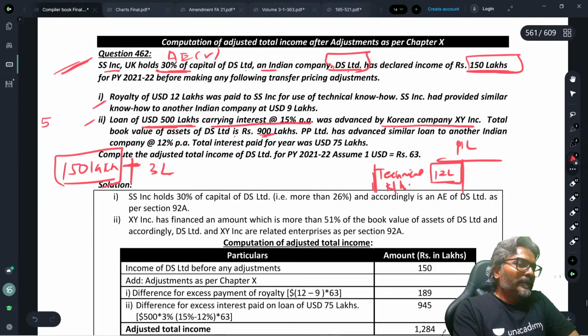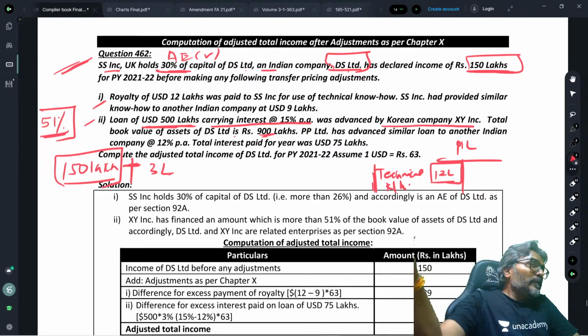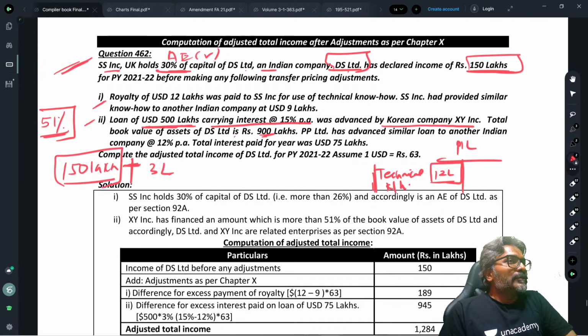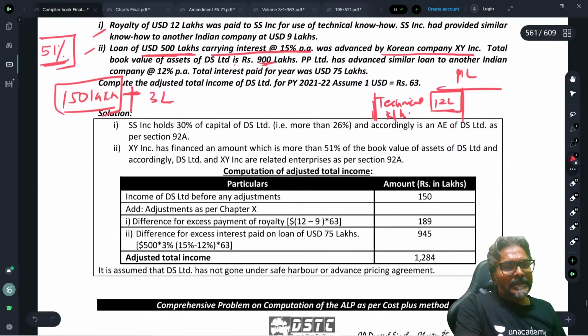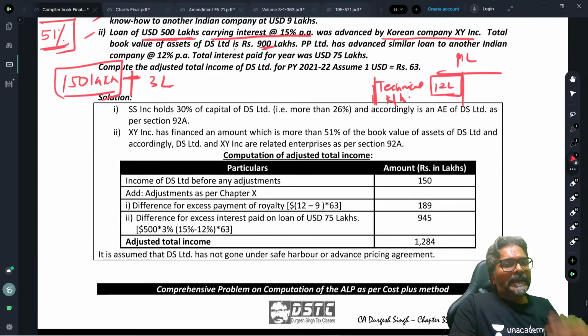Why am I saying so? Because you people are aware, if the loan which I have given exceeds the total book value of the associated enterprise's assets by more than 50%, then both these entities will become associated enterprises. And this is what you are getting here, friends. Are they associated enterprises?